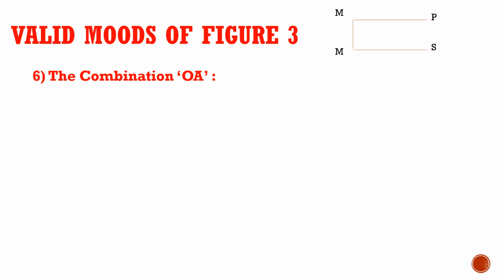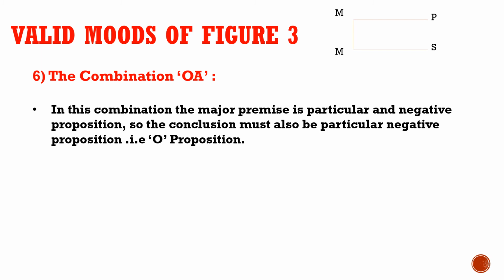If one of the premises is negative, then the conclusion has to be negative as per the rule of syllogism. So obviously the conclusion will be a particular negative, that is O proposition. So this mood will be OAO and it is called Bocardo.